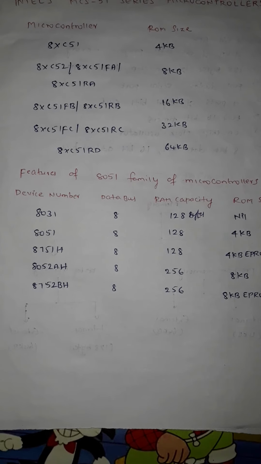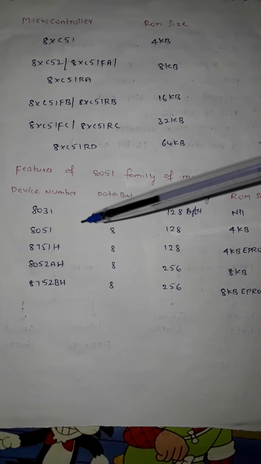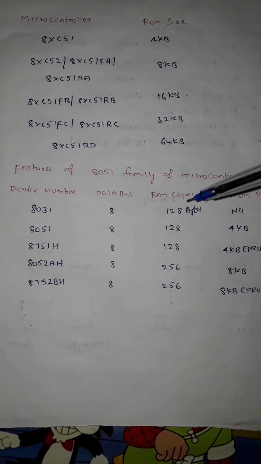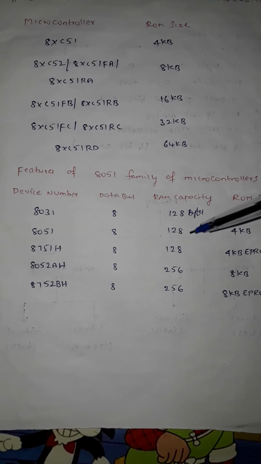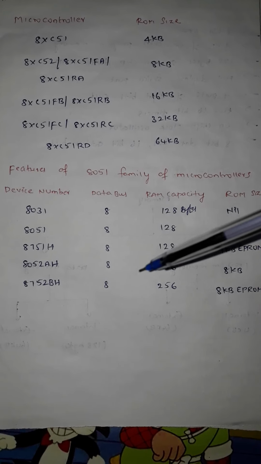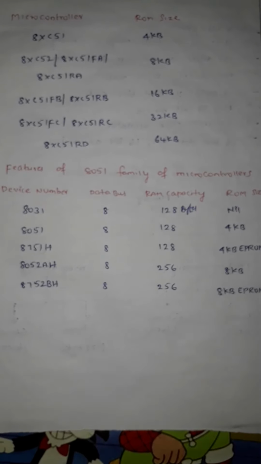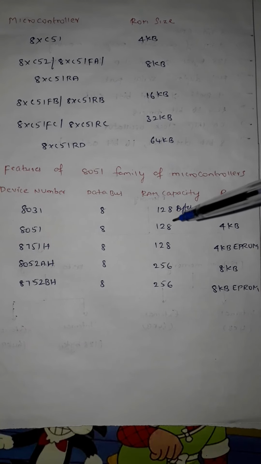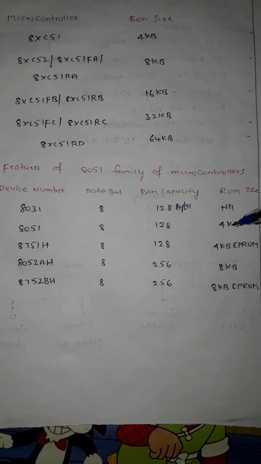For 8051 it is also an 8-bit data bus, the RAM capacity is 128 bytes, and the ROM capacity is 4 KB. That is, in 8051 you have 128 bytes for data processing and 4 KB for program storage.